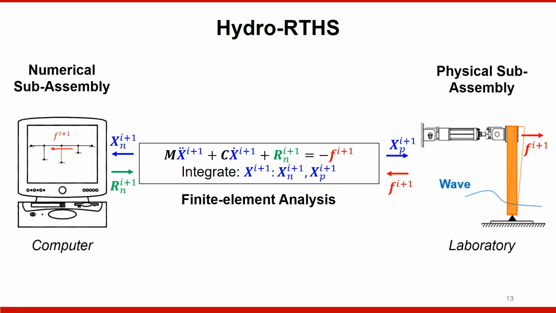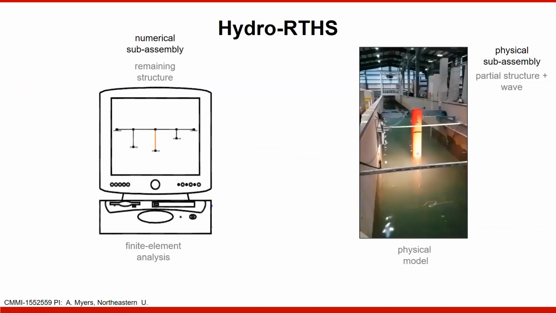We've been calling this hydrodynamic real-time hybrid simulation, or hydro-RTHS. We've studied it in a number of different cases, but I'm going to focus on this one here. You have your numerical model of the bridge, and on the right-hand side, the physical model of the bridge pier. The key part is rate dependency, which was talked about in the previous presentation.